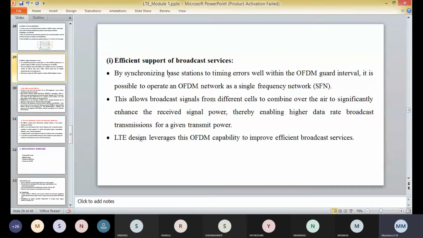This allows the broadcast signals from different cells to combine over the air to enhance the received power, thus providing high data rate broadcast transmission for a given transmit power. Thus it increases the efficiency of broadcast services.